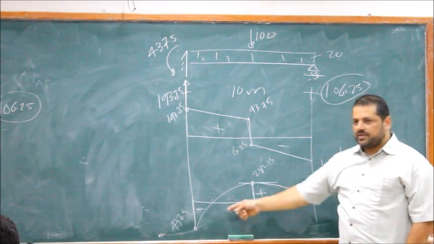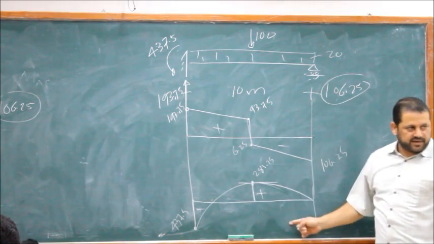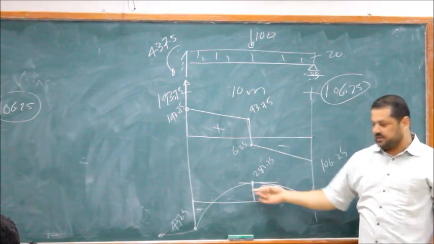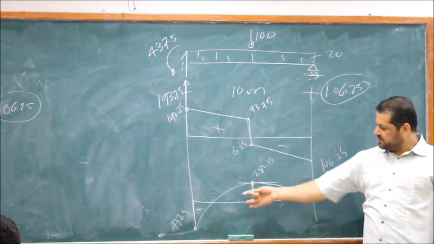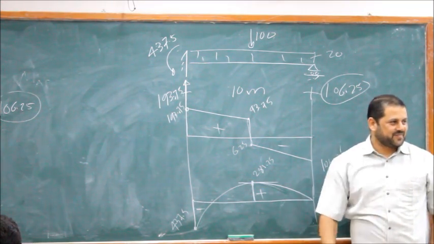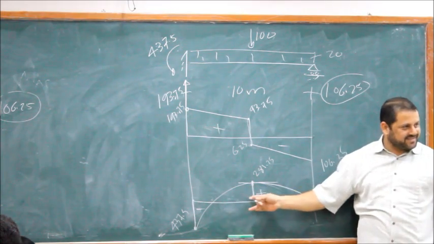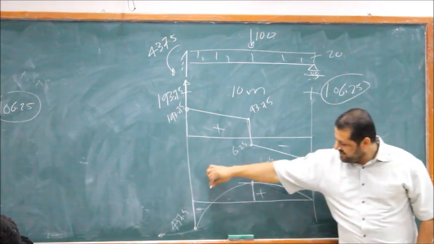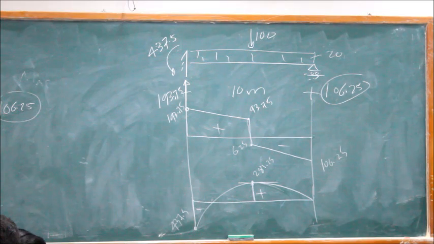Now if someone is telling you this is not enough, by the way, this moment diagram is not enough in real life. Is this enough? There's something bothering you, right? Something missing. What is it? At what distance will it change from positive to negative?